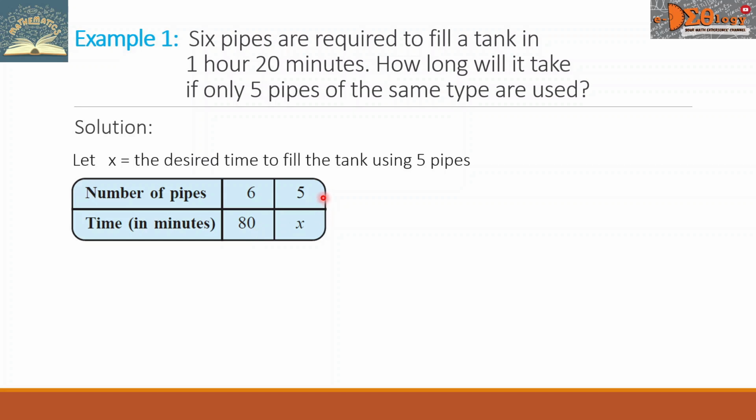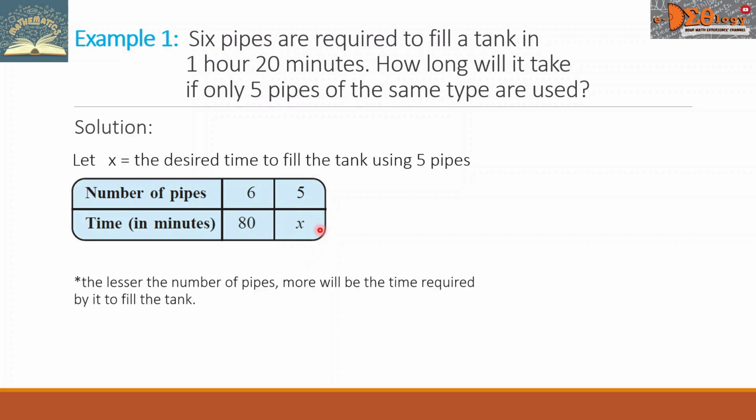Our question now is, if we have 5 pipes, how long will it take? So we write here the x. Note that the lesser the number of pipes, the more time is required to fill the tank. So, this is a case of inverse proportion.